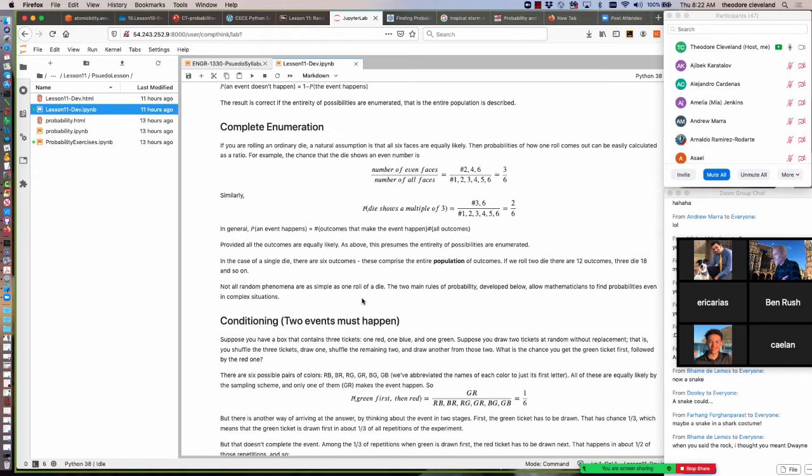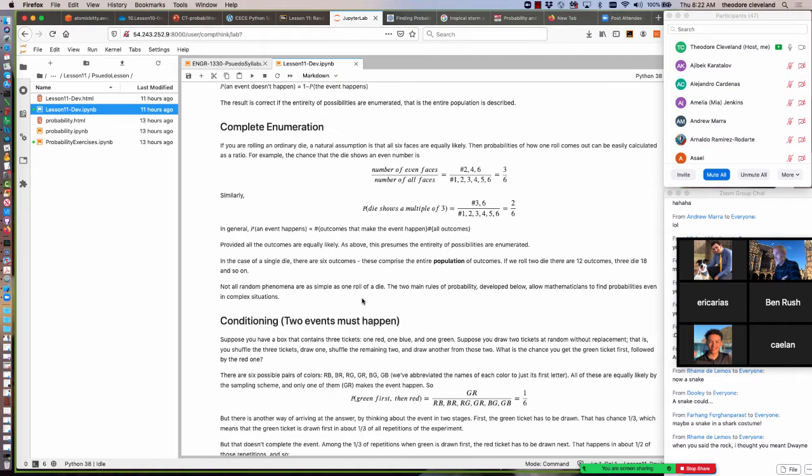So there's 3 ways for the die to produce an even number out of 6 ways total for the die to produce any number. And so the ratio of those two gives us the probability that the die shows an even number. In that case, the ratio is 3 parts in 6 or 1 part in 2. So half the time, if we roll a die, we expect to get an even number.